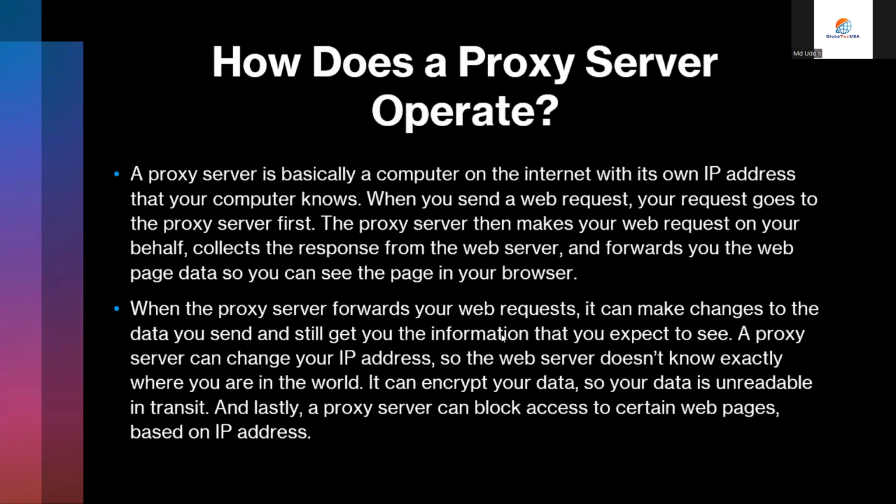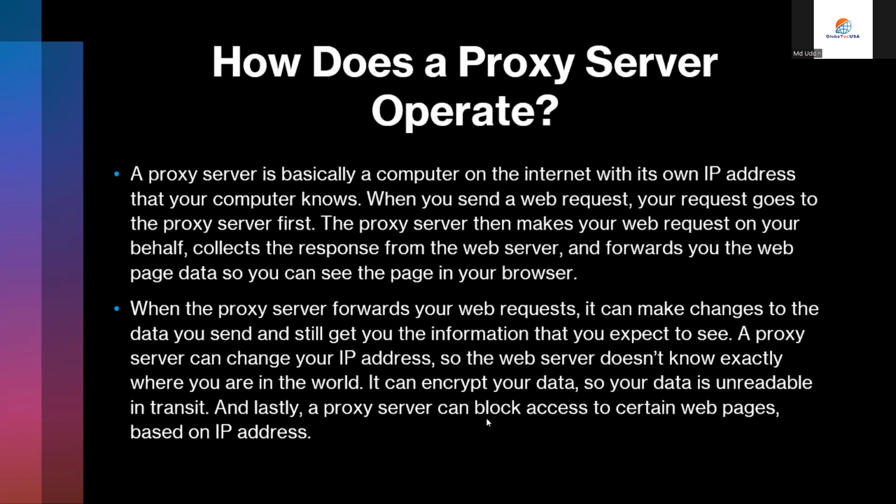So when the proxy server forwards your web request, it can make changes to the data you send. See, when you send a request, it can make changes to your data. That means the proxy server can be overridden by the system when you are blocked.